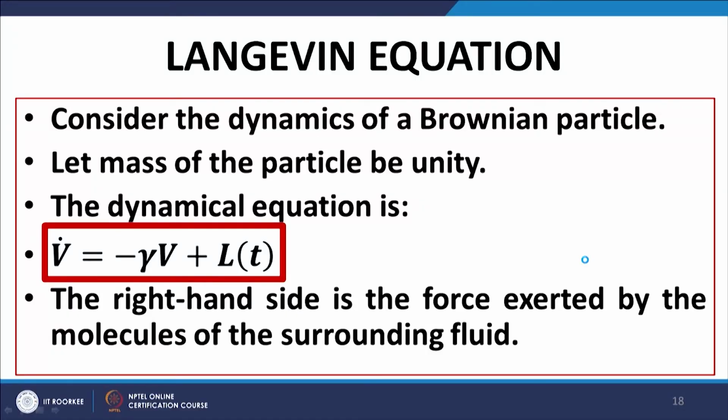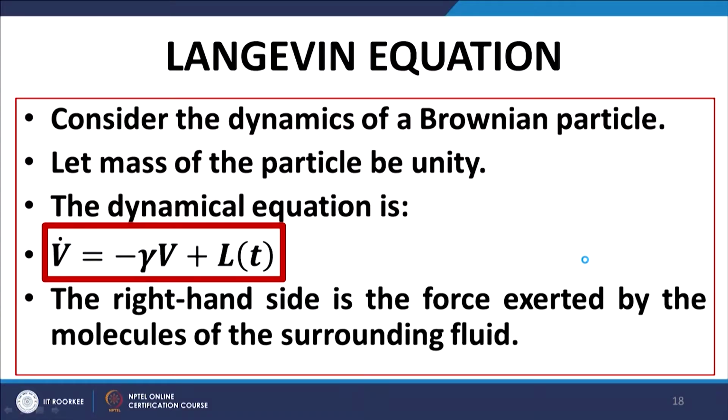Now, assuming the mass to be unity, we can write the force equation, recalling that we are working in non-relativistic Newtonian dynamics. We can write the equation of motion as the acceleration, that is the rate of change of velocity, is equal to minus gamma v, where v is the velocity, plus L(t).